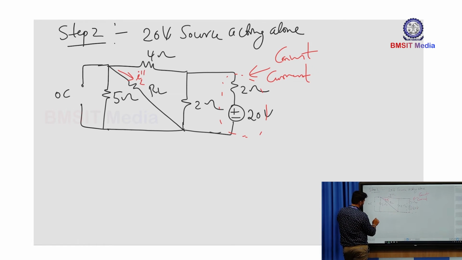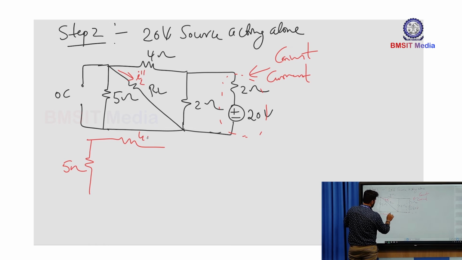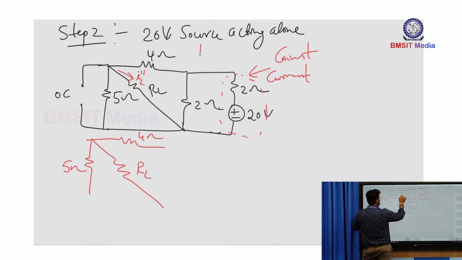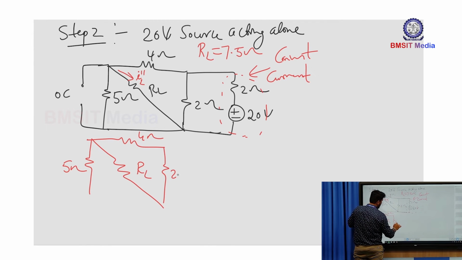Here we have your 5 ohm resistance and a 4 ohm, and here we have your load value, RL, which is given in the question as 7.5 ohm, and your 2 ohm resistance here.